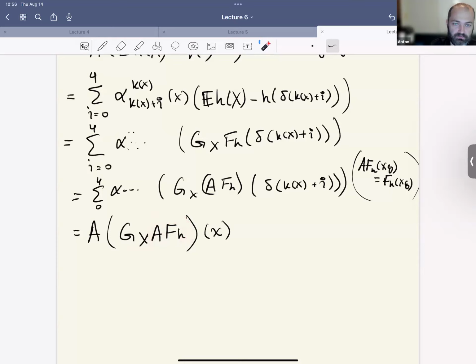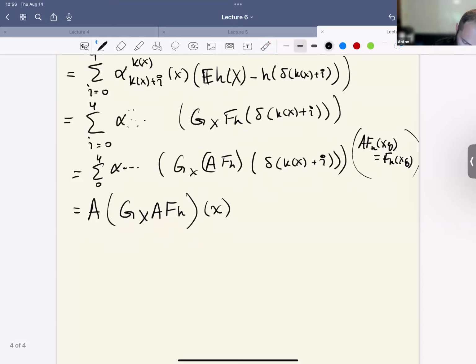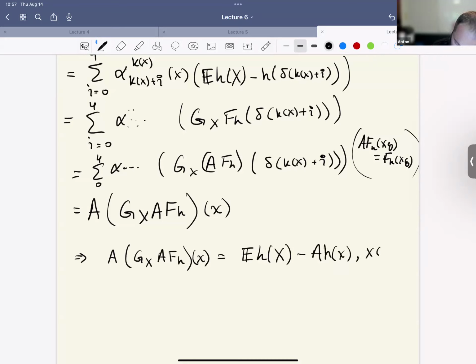A of f sub h is a function on the reals. G is applied to A of f sub h. But of course, G A f, that's a function itself. Okay? And that's the function we're interpolating. So we have reached A gx A f sub h equals reals. Okay.